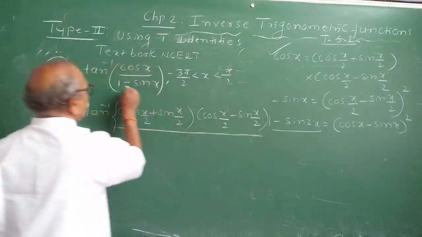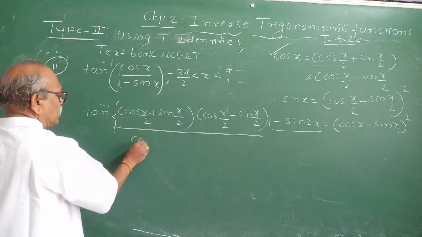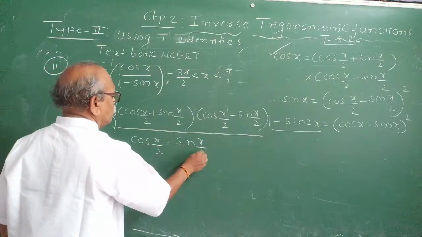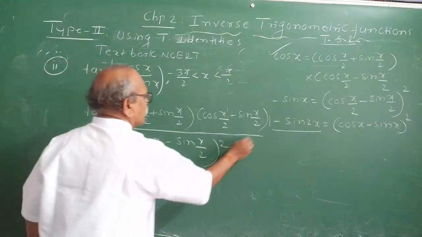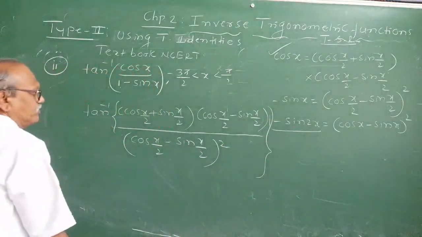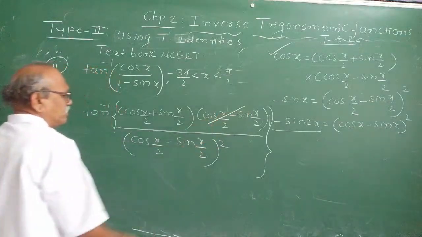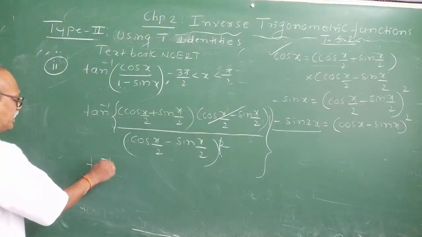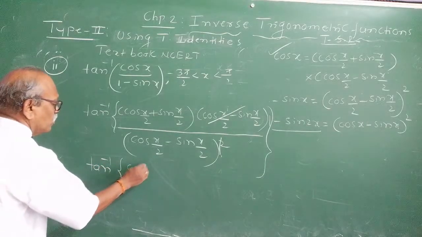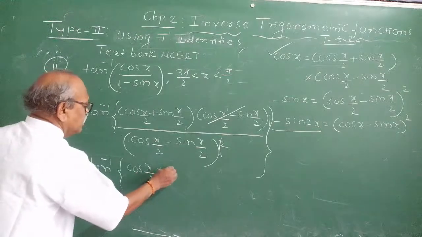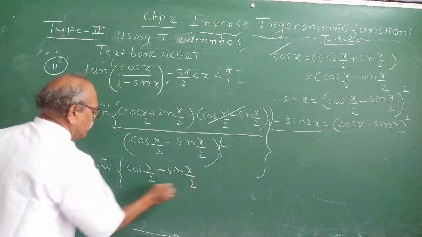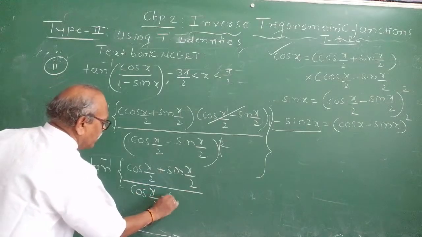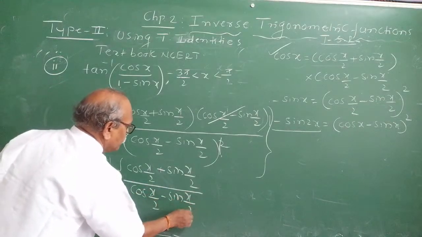This time you have 1 minus sin x written as cos x by 2 minus sin x by 2 the whole square. Observe. One of the cos x by 2 minus sin x by 2 cancels. This time you get tan inverse of cos x by 2 plus sin x by 2 divided by cos x by 2 minus sin x by 2.